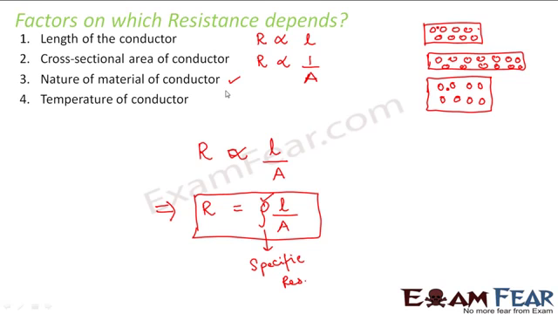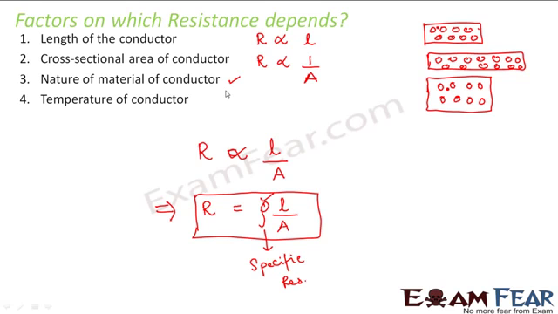So resistivity is a constant which is defined as the resistance of unit length and unit area. That is how we define specific resistance. It is constant for a specific material. So this is how we express the resistance of a conductor. Resistance is given as rho into L by A.